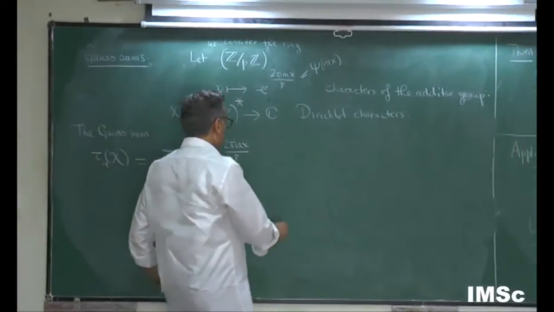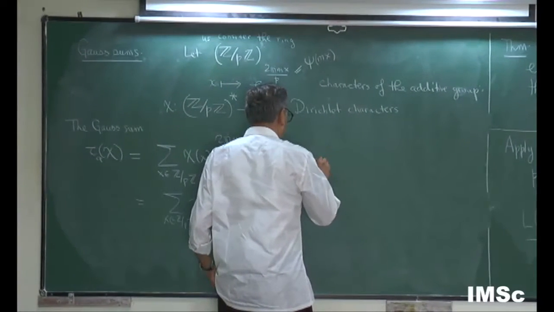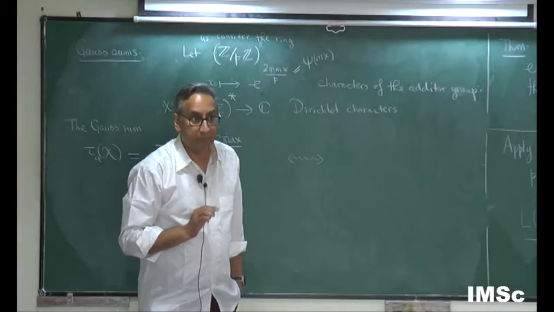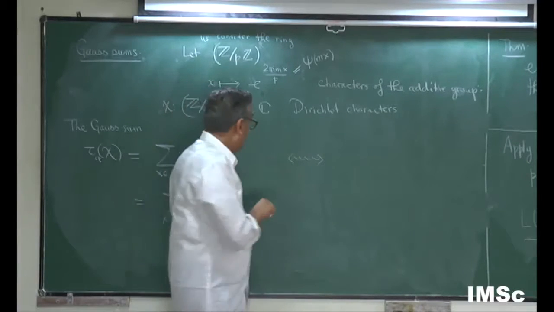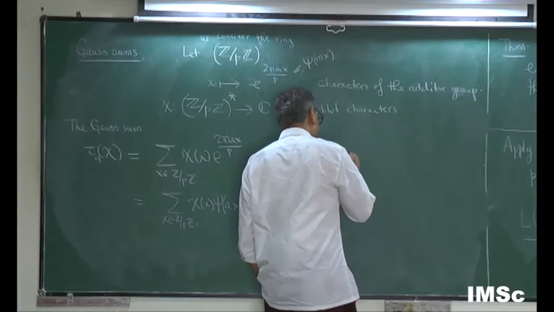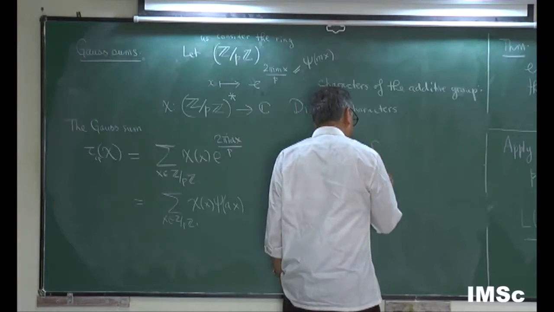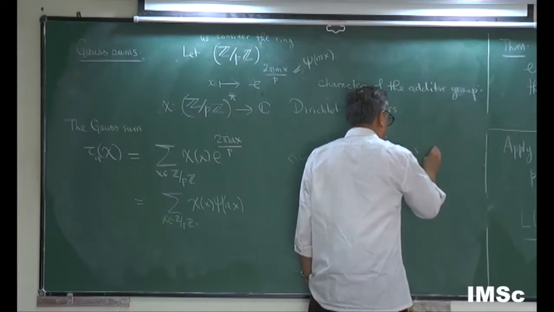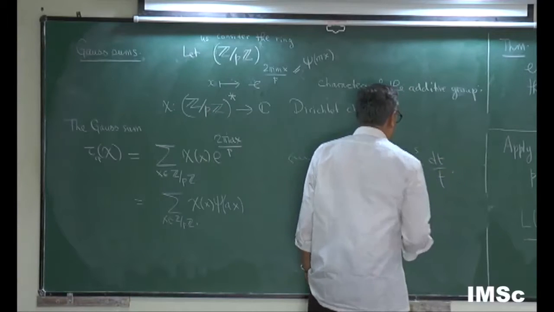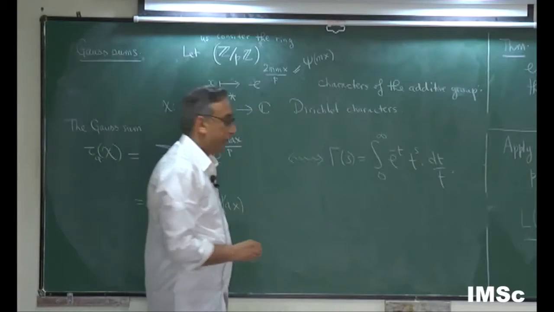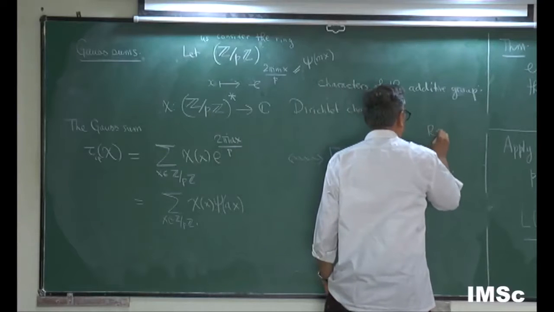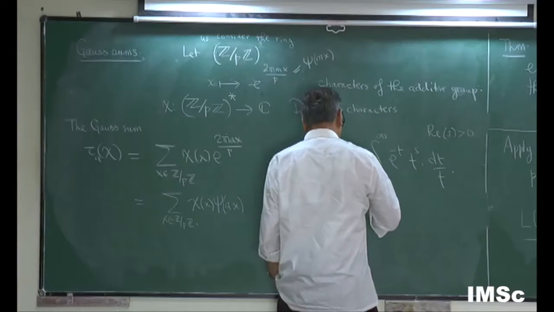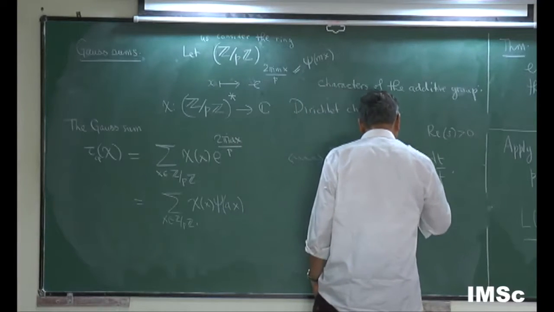The Gauss sum is supposed to be thought of as some sort of finite analog of the gamma function that you may have studied in complex analysis. The gamma function is often defined in this fashion for real part positive, and it's analytically continued using the functional equation gamma of s plus 1 is s gamma of s, right?